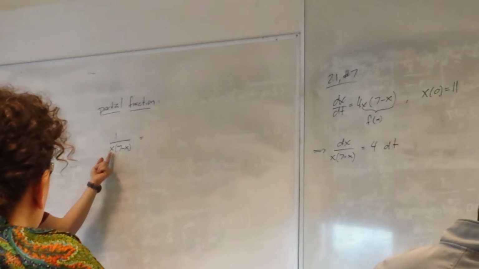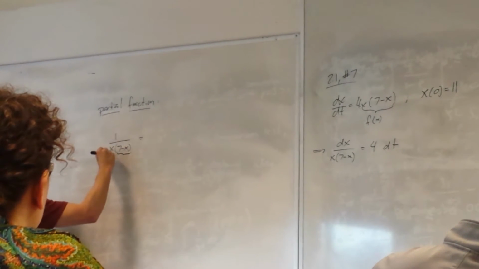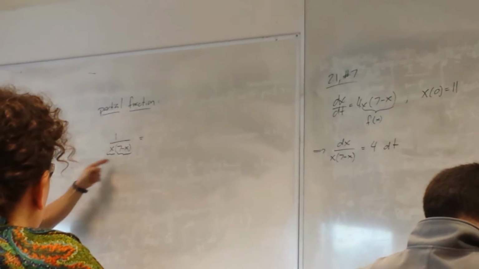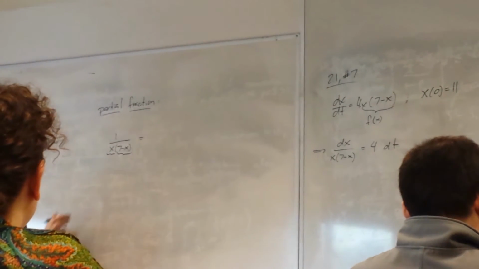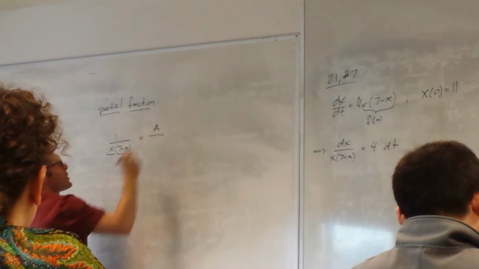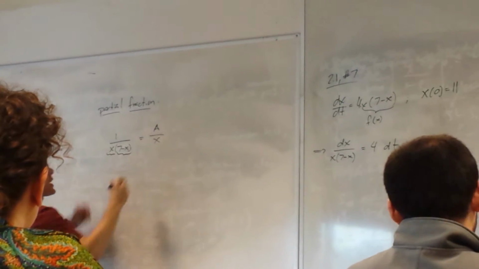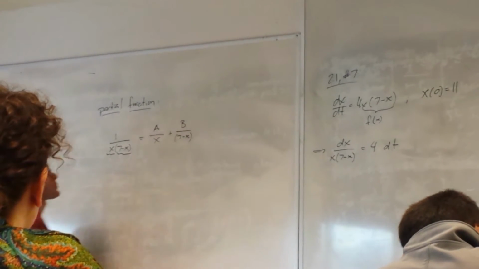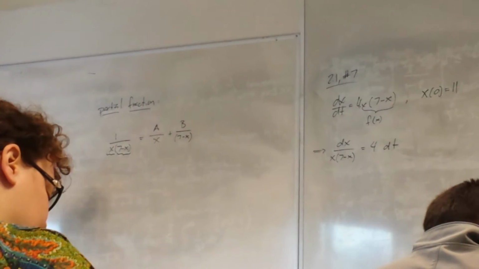But these are just distinct linear factors. If the degree of the numerator is less than the degree of the denominator, it will break up as a constant over the first factor plus some constant over 7 minus x. So this is just side work.